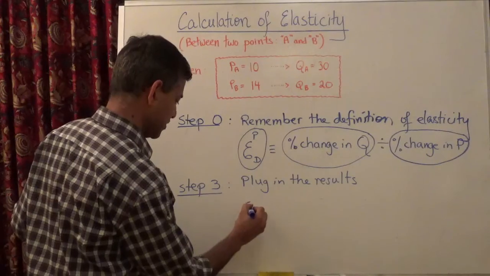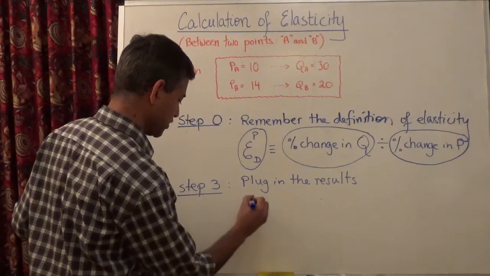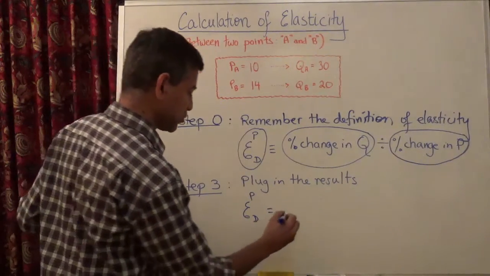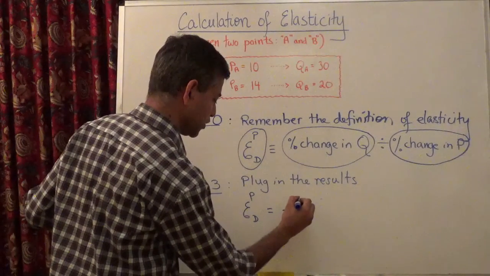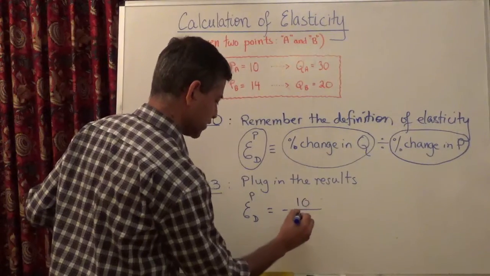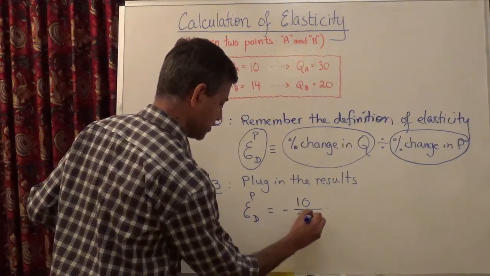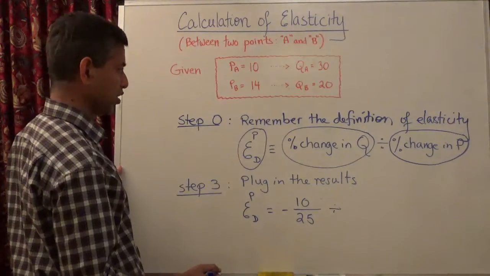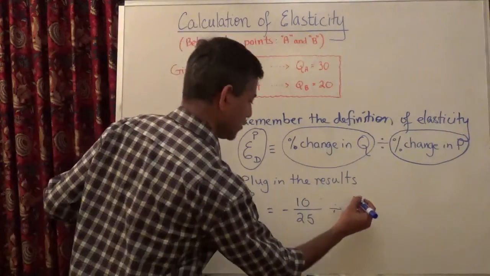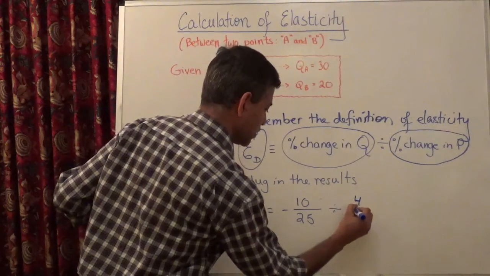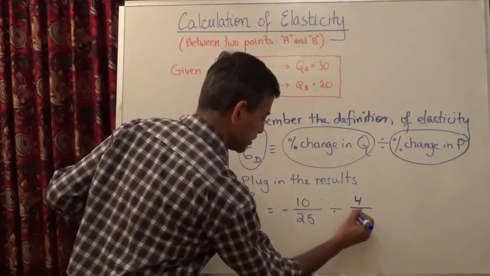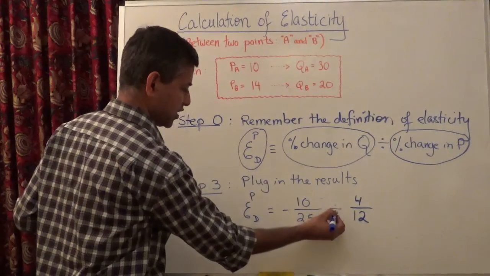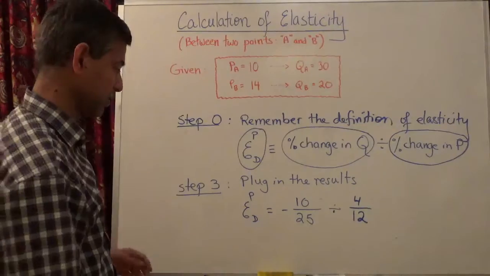So elasticity of demand with respect to price is the percentage change in quantity, which we calculate as negative 10 over 25, divided by the percentage change in price, which we had calculated as 4 divided by midpoint 12. And so you just carry out the arithmetic here and you would get the elasticity.